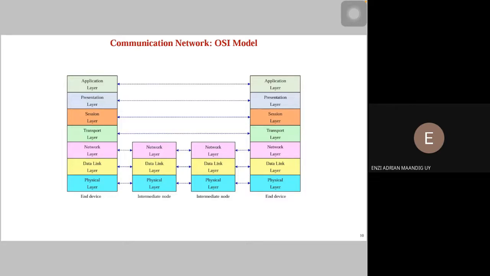Kaninga model ang facilitate sa data transfer from one computer to another.